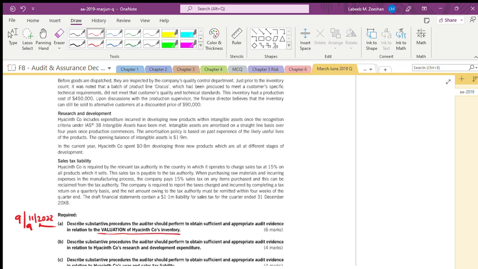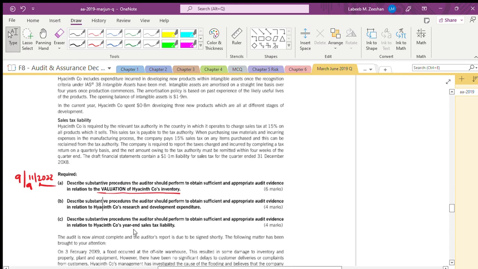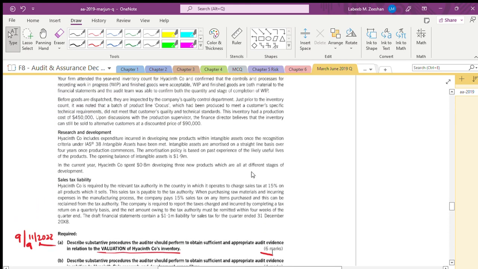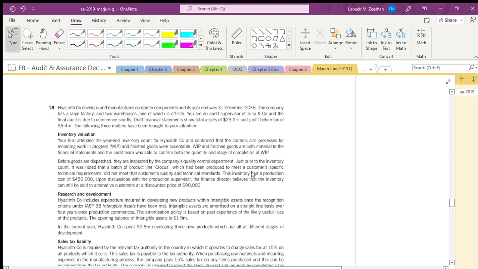They are also talking about development expenditure and the tax liability; we will do those in the next case. They have put 6 marks, so 6 procedures. Now, what they have mentioned, we have to take into consideration.